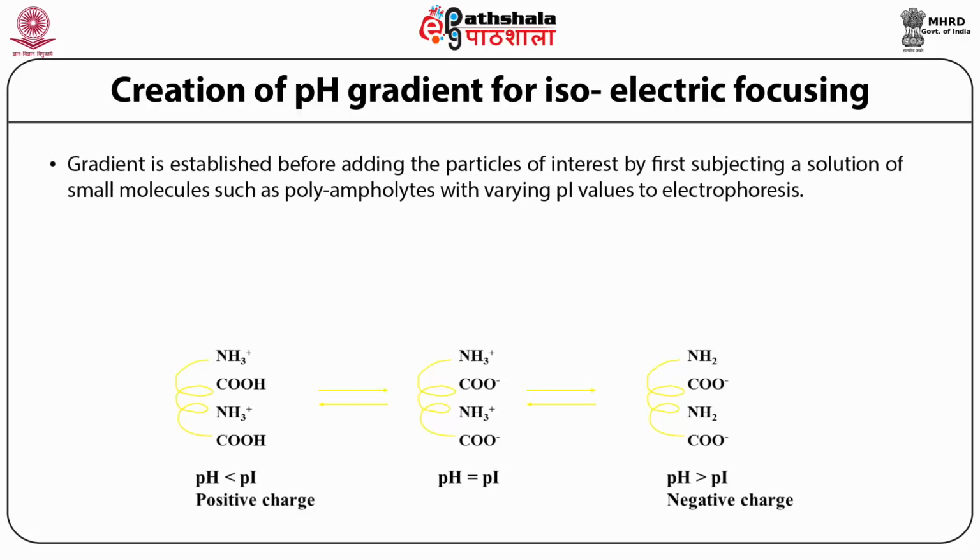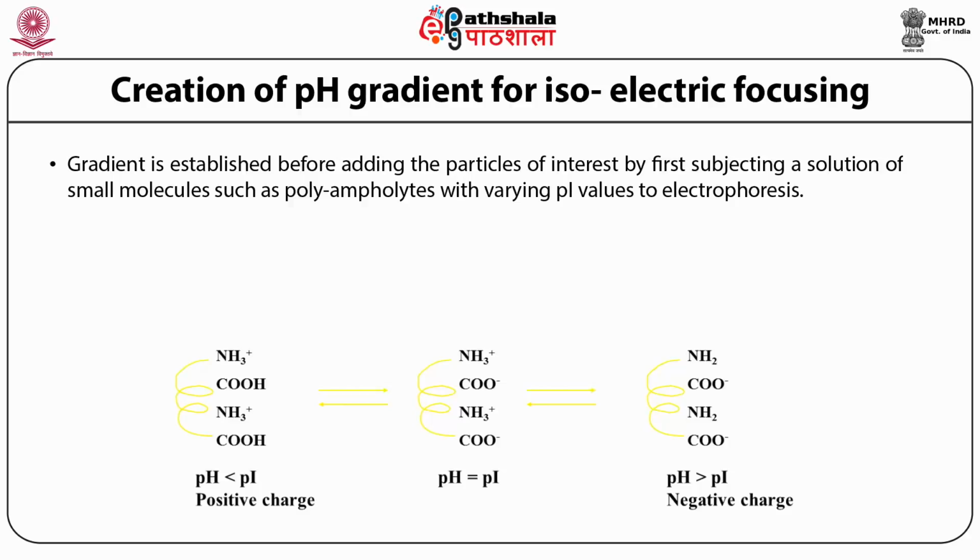The gradient that is required is established by subjecting a solution of small molecules, called polyampholytes, which have varying pI charges, to electrophoresis. Thereby, a pH gradient is set up in the IPG strip.